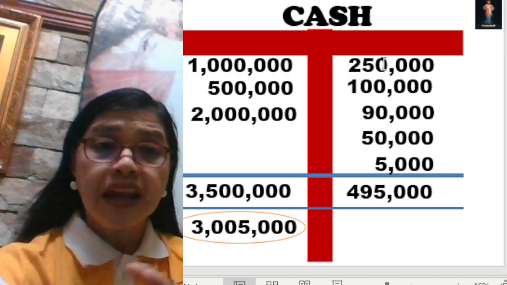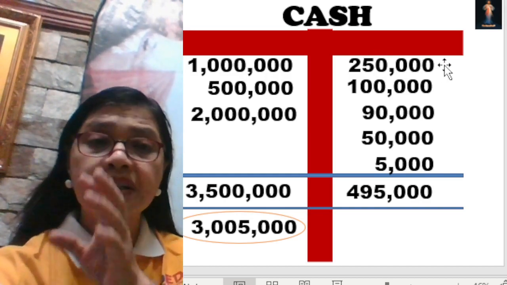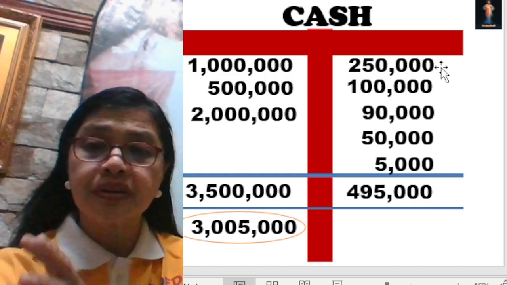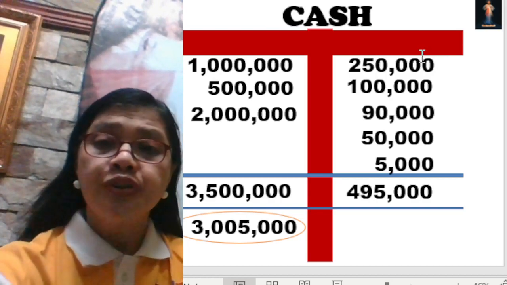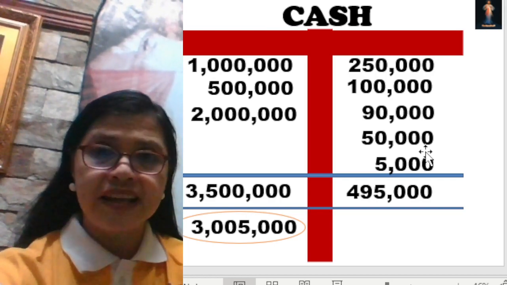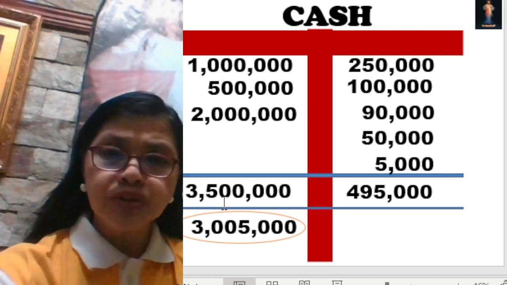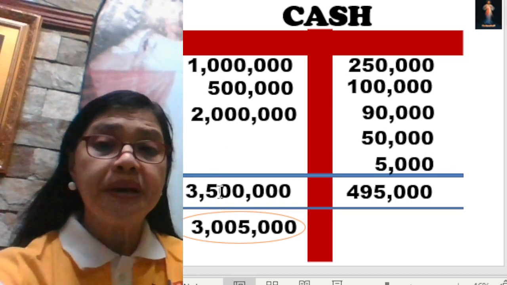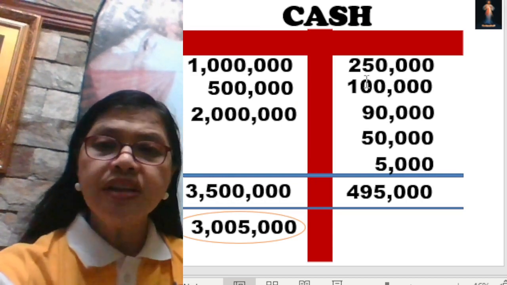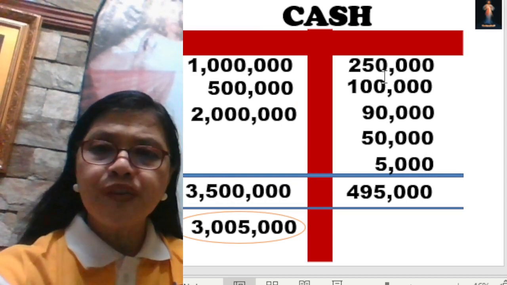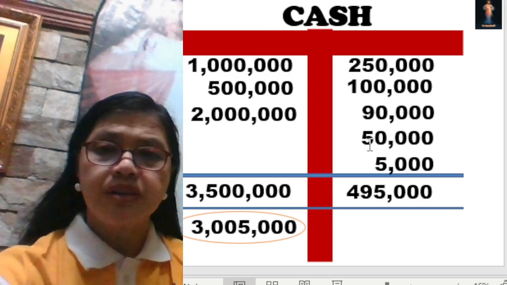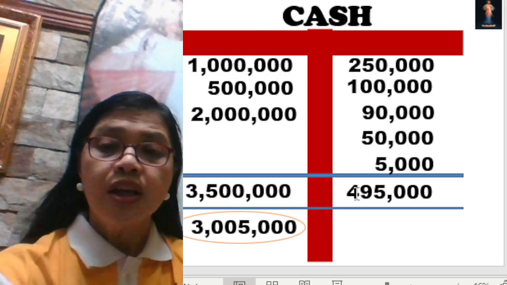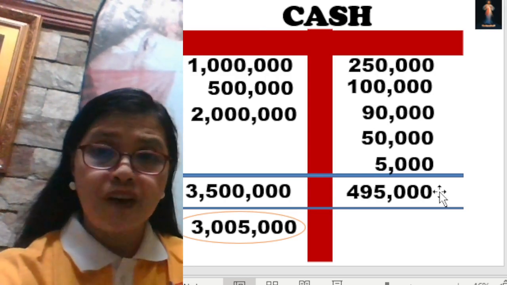Okay, then same with the credit side, all the cash account with the credit balances, you write it also on the credit side, and then get the total. 1 million plus 500 plus 2 million will give you 3 million 500. And on the credit side, 250,000, 100,000, 90,000, 50,000, 5,000 will give you 495,000.